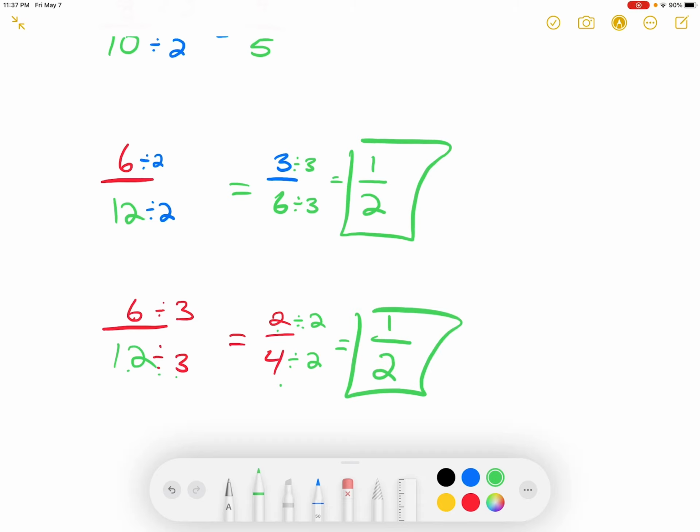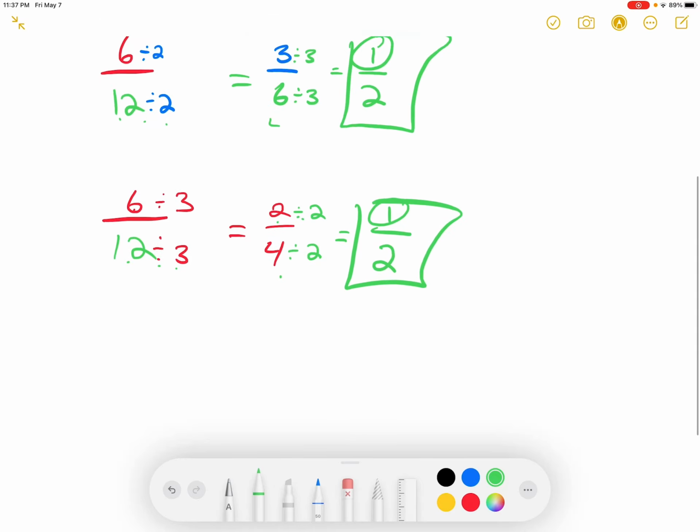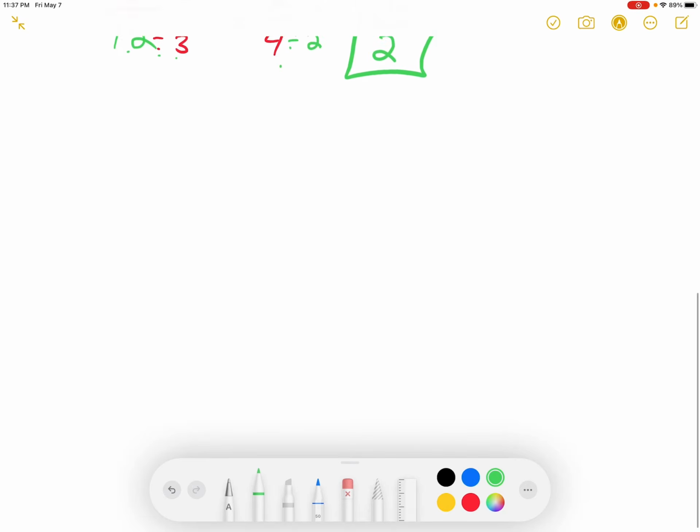There we go. That makes more sense. I'm so sorry. The mistake was I divided 12 by 2 and I thought it was 4. I was getting ahead of myself. And this is as low as it goes. Once you get 1 in any of them, you're pretty much done. And by any of them, I mean the denominator or the numerator.